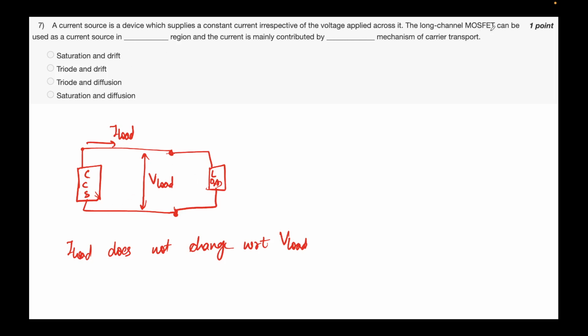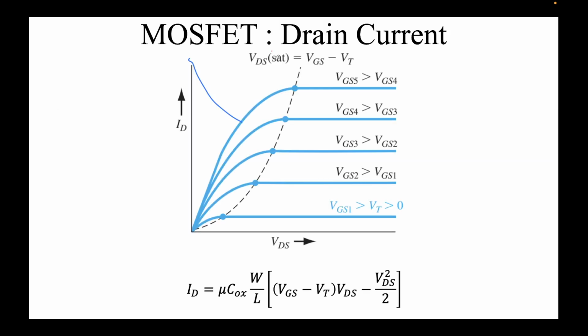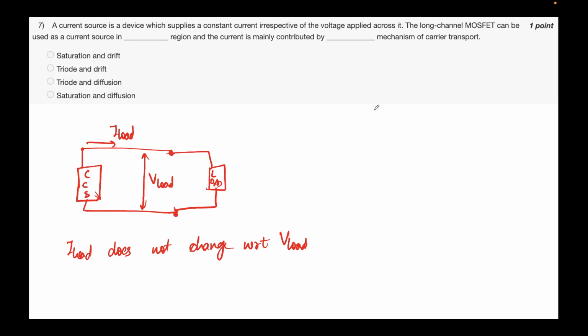The question asks, the long channel MOSFET, we have already talked about long channel MOSFET, not short channel yet, can be used as a current source in. So as we said, the load current does not change.